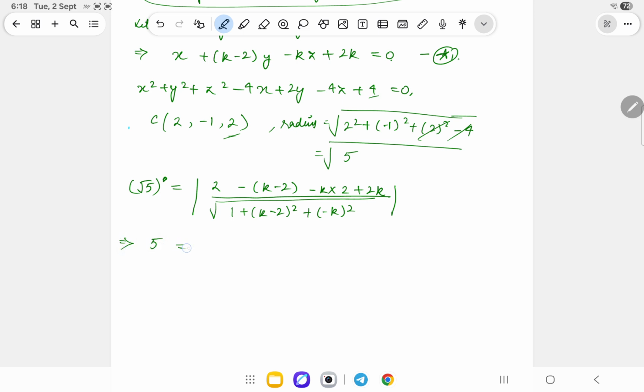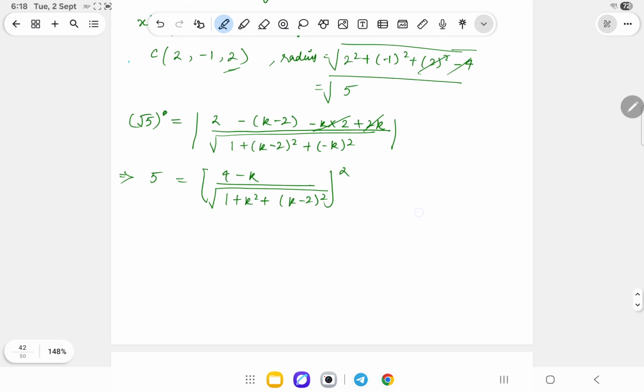So we'll be getting 5 equals to 2 plus 2, 4, this 2k balances this one, 4 minus k divided by under root 1 plus k square plus k minus 2 square whole square. So if I simplify it, it will be 5 into 1 plus k square plus 4 minus 4k is equals to 16 plus k square minus 8k.